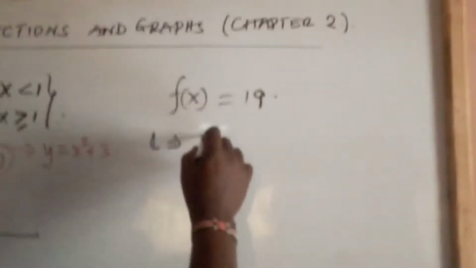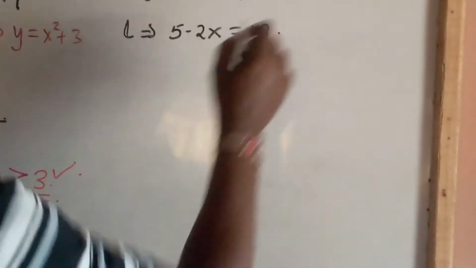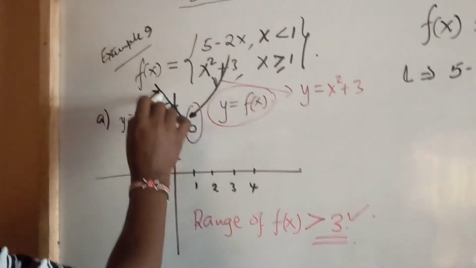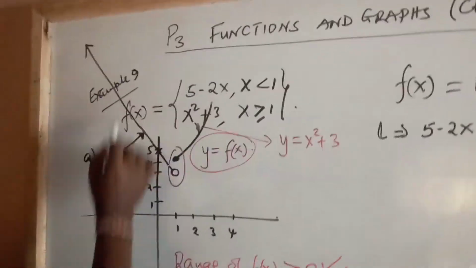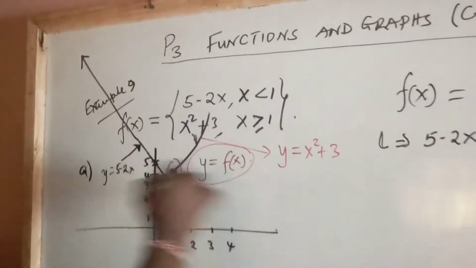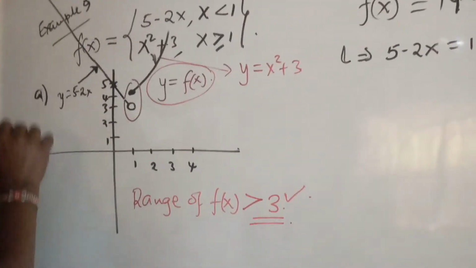For example, the linear part is going to give us 5 minus 2x equals 19. Why are we saying that? Because as the linear part increases, you can never tell where it goes. Of course, 19 will be somewhere here, and we'll have a specific value of x which gives us the value of y equals 19.